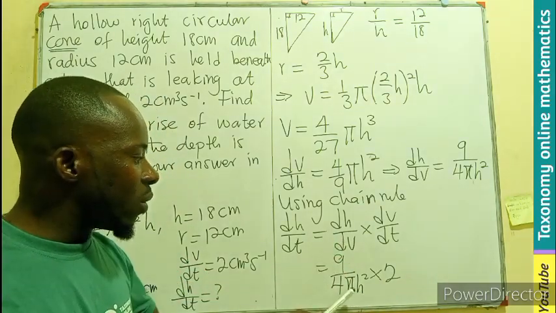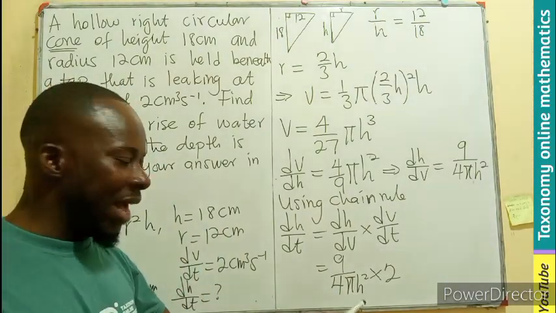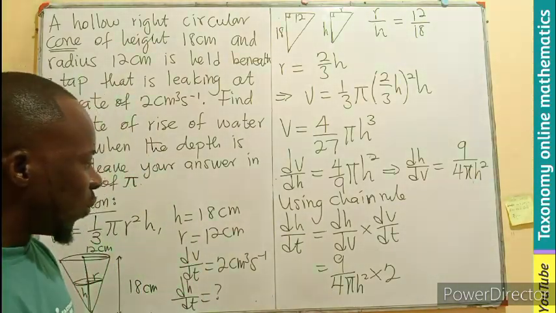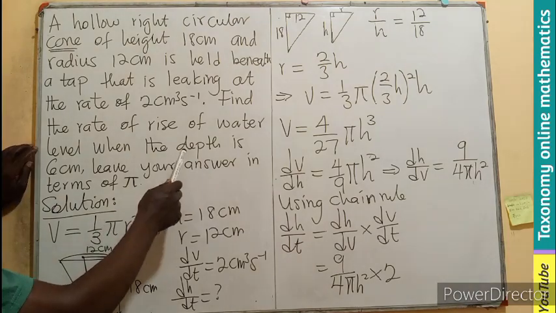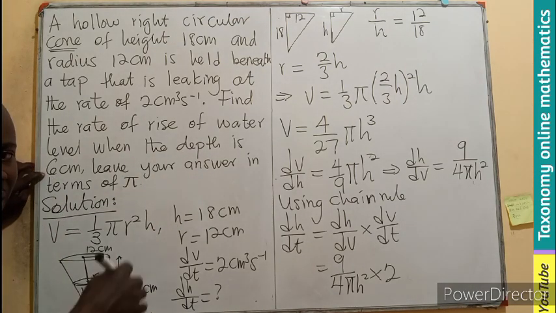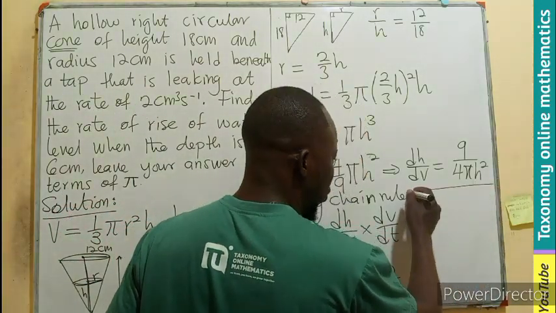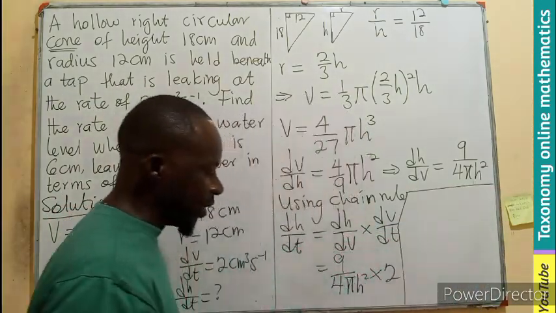What is next? Now, we are to leave our answer in terms of pi, but H is there. So we can see that the depth is given to us as 6 centimeters, meaning the depth of water in there is 6 centimeters. So we can introduce that into it.